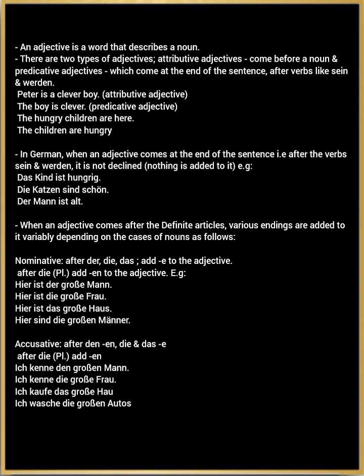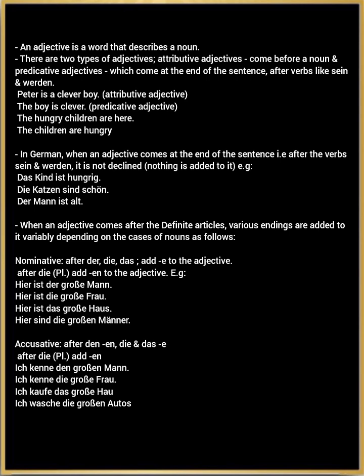Number two, when an adjective comes after the definite articles, various endings are added to it variably, depending on the cases of nouns, as follows. As you know very well, the definite article in English is the.